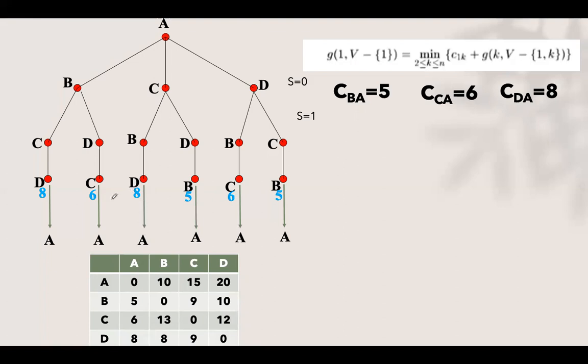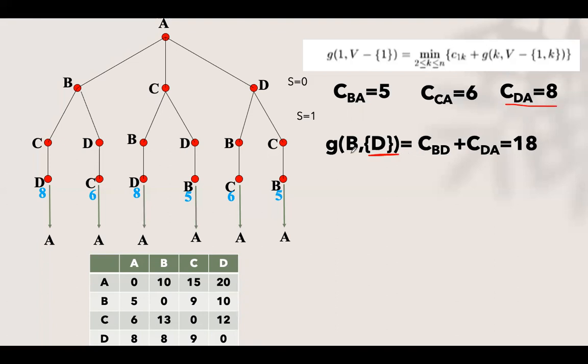Next, you have to go one layer above. That is B to D and then D to A, or B to C and then A. So if you are in B, either you can go to D and A, or you can go to C and A. So that you need to find out. That is G of B. This is nothing but this calculation, whatever we have done.